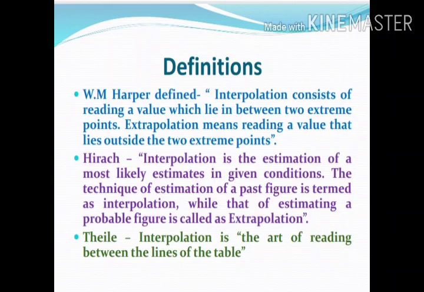Two extreme points are nothing but known values, and you are going to find the value which lies in between two extreme points. Again, it is interpolation. What is extrapolation according to Mr. Harper? Extrapolation means reading a value that lies outside the two extreme points. Outside the known values, you are going to find out the unknown value.